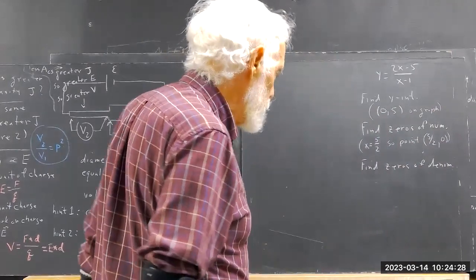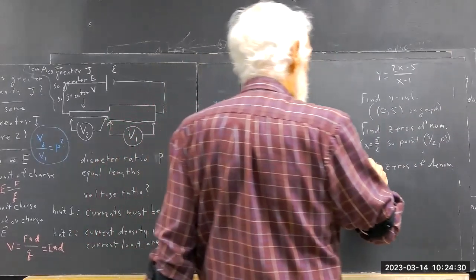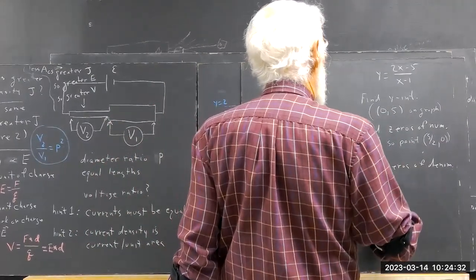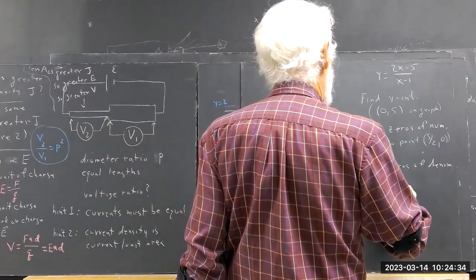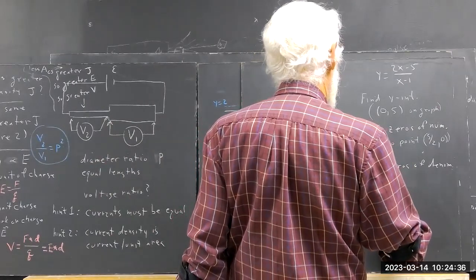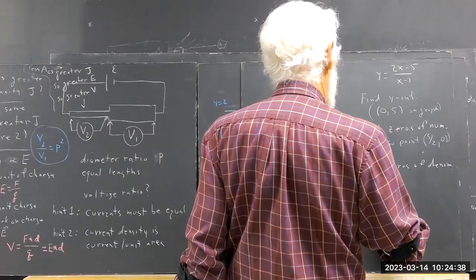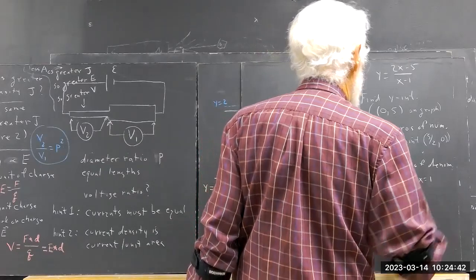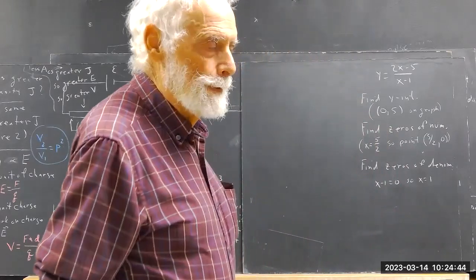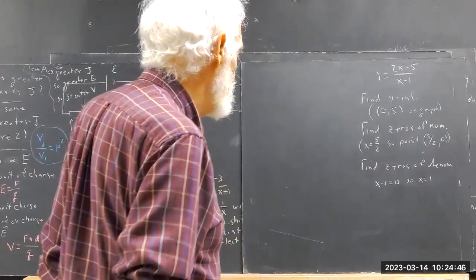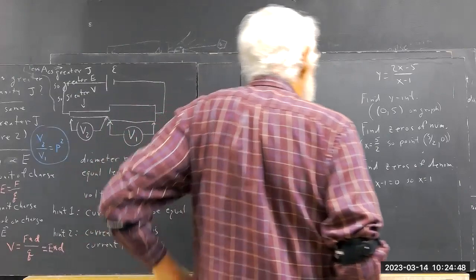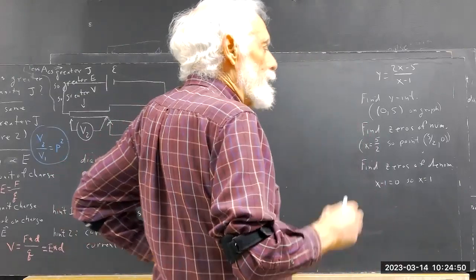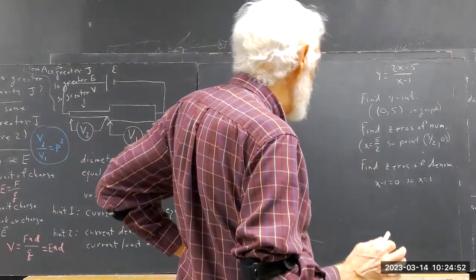We've already done that. We understood that when we started. We find the zeros in the denominator. x minus 1 equals 0, so x equals 1. Now, there are other cases.